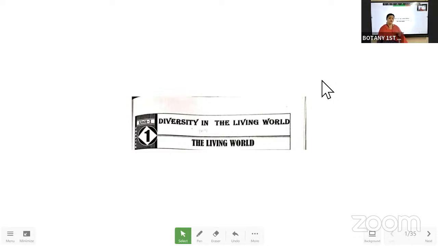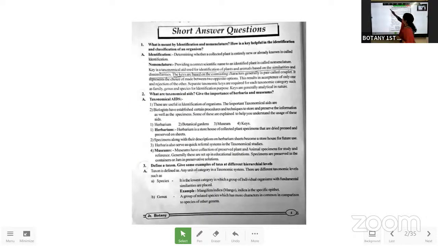So, what we have finished till now are the SAQs from the diversity in the living world. In this chapter, we have finished the identification and the nomenclature, and the key helpful for the identification.